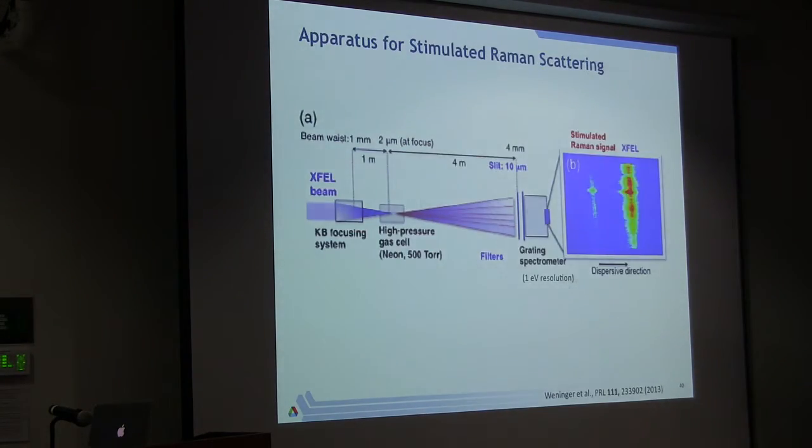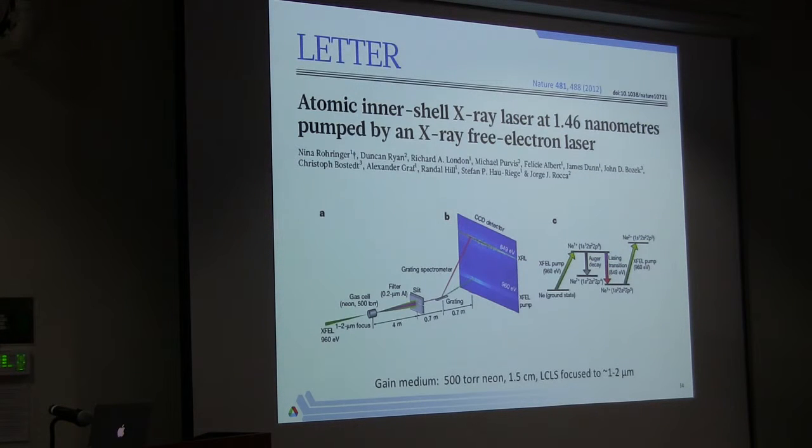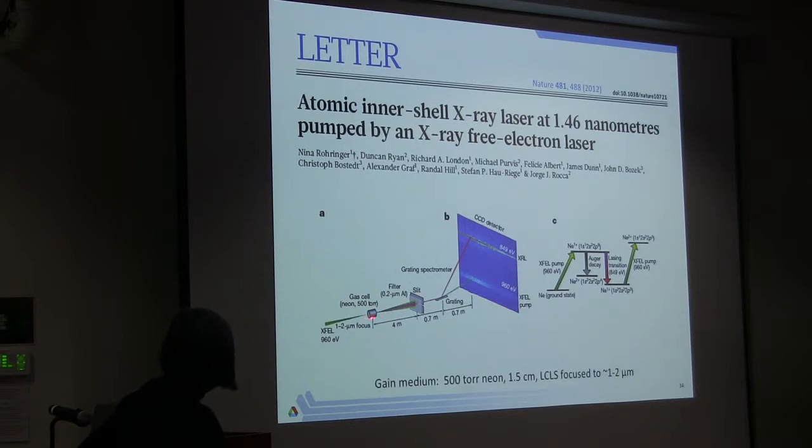So, I should say maybe a couple words about this experiment. If you want to look for backward propagating, you'd have to go back out toward the XFEL, and that would be pretty difficult.